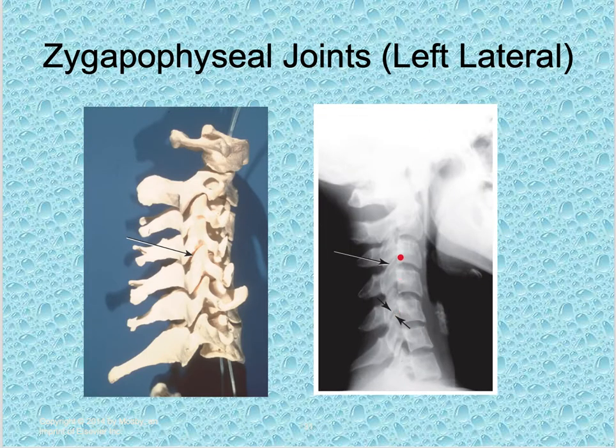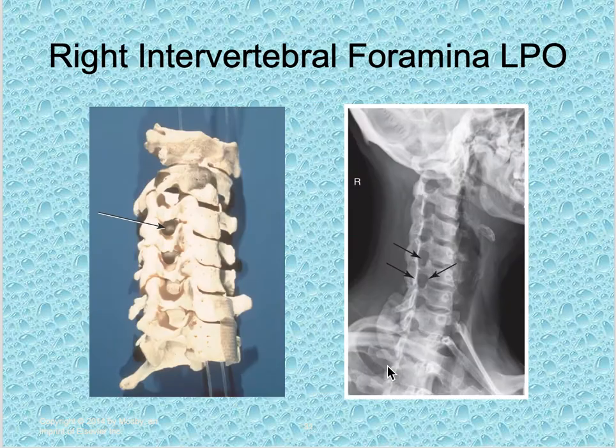Zygapophyseal joints. Zygapophyseal joints are seen on the lateral C-spine. You will see those zygapophyseal joints. On an oblique, LPO, RPO, you will see on a C-spine the intervertebral foramen made up of the inferior vertebral notch and superior vertebral notch.